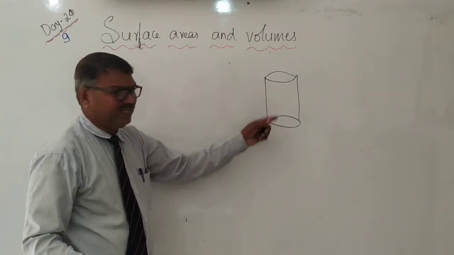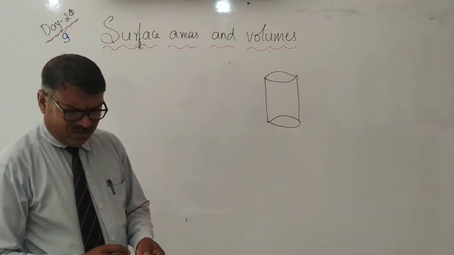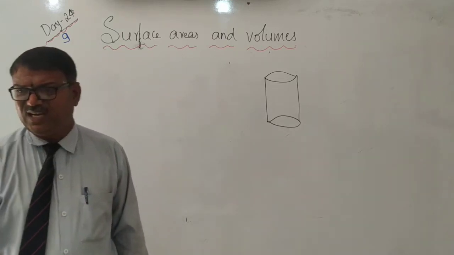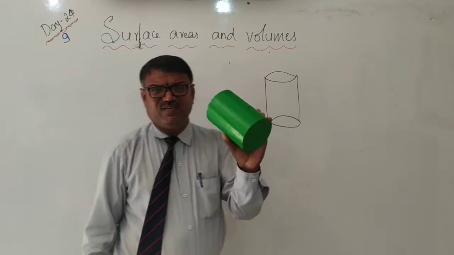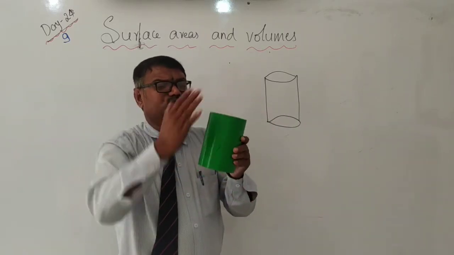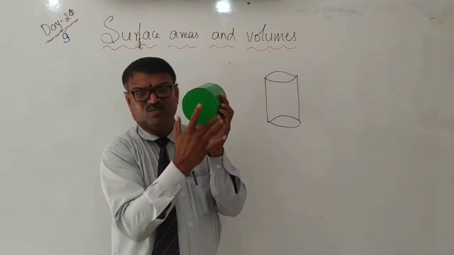A cylinder has a curved surface area, and two circles: this is one circle and the second is one more circle.